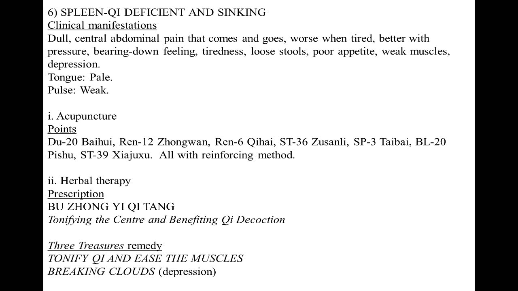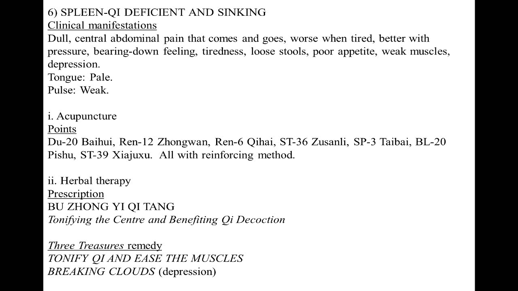And I asked her the crucial question, did she have a bearing down feeling, which she did, and it was a chronic abdominal pain from a deficiency and from Qi sinking. And it was helped just by 2 or 3 acupuncture treatments to tonify stomach and spleen and lift Qi.